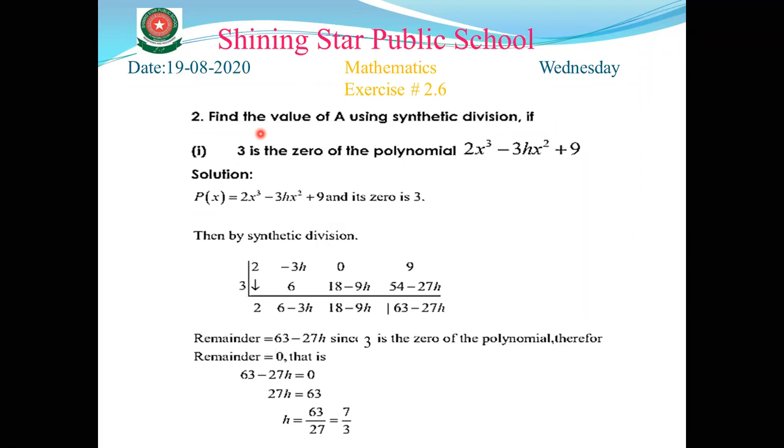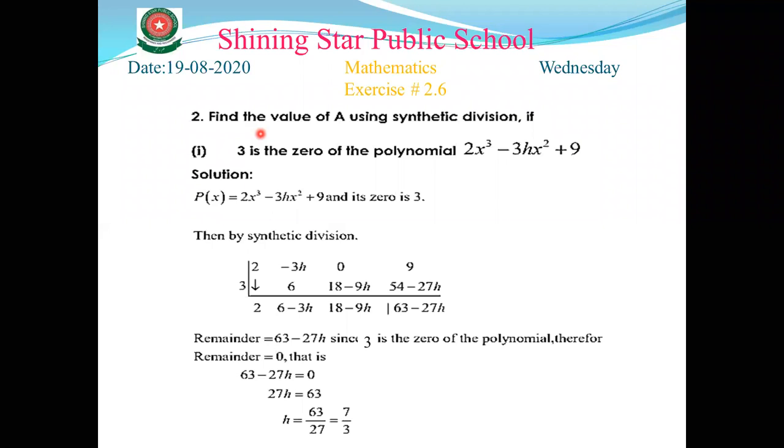The remainder must be 0. Because we know that the 0 of a polynomial is also known as the root of the polynomial. If we say that 3 is the 0 of the polynomial, it means when we divide that polynomial by x minus 3, the remainder must be equal to 0. Okay?